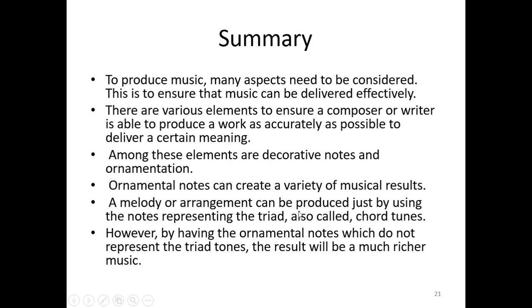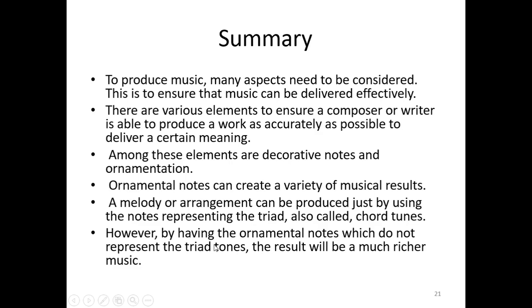And also we have what you call notes representing a triad, called chord tones. That means three notes together. That is when there's a chord note. When you are playing music, you get the melody with the chord note, and then you add these decorations or ornamentations to it. And we say by having the ornamental notes which do not represent the triad tone, the result will be much richer in the music.